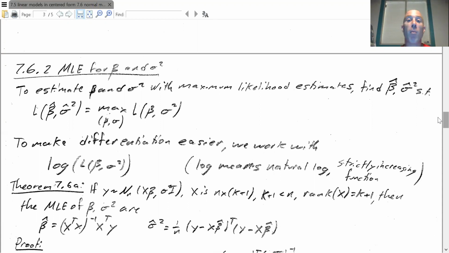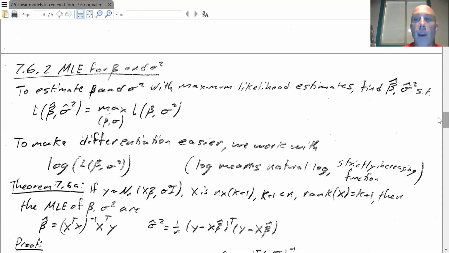That's how we get the maximum likelihood estimate. If I'm optimizing, I'm making it as big as possible. I'm maximizing the likelihood, and the value I get, I'm going to use as an estimate. That is my maximum likelihood estimate. It's kind of funny how the words explicitly tell you what they do.